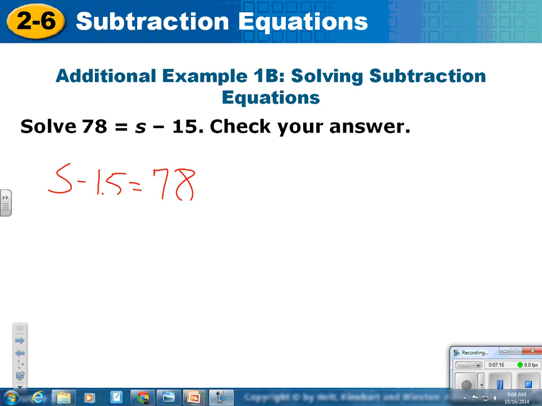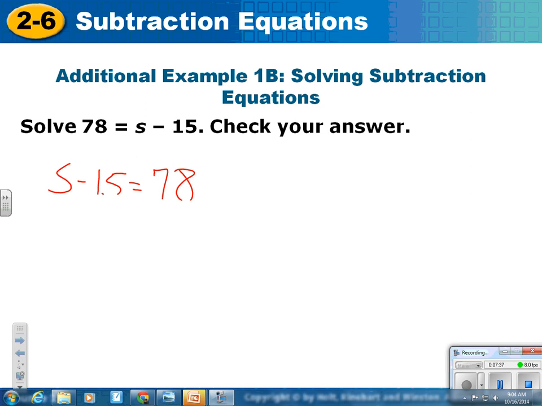Now, two rules of algebra. Again, what is rule number 1? I'm not going to quit with this until everyone understands and has their hand up, okay? What is rule number 1 of algebra? Jaden.